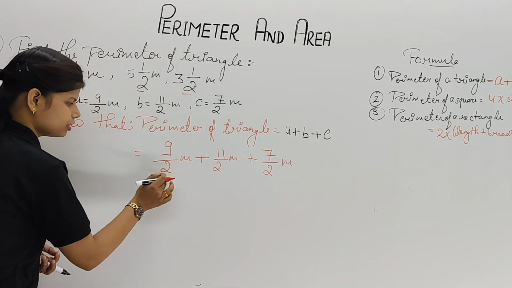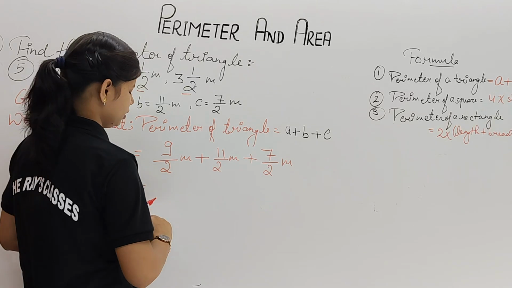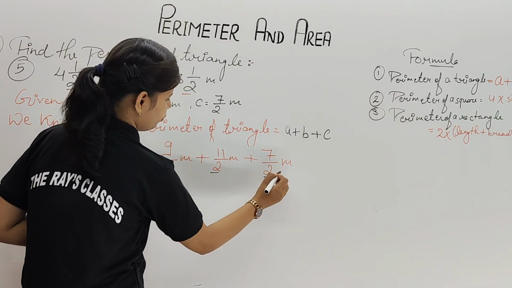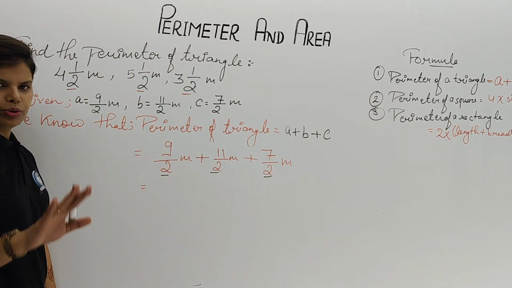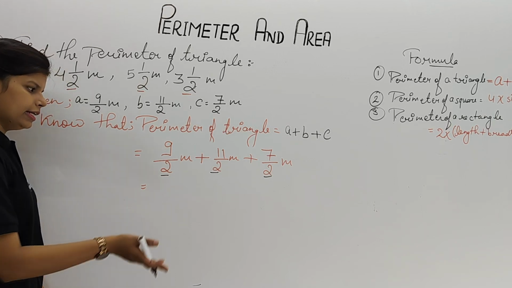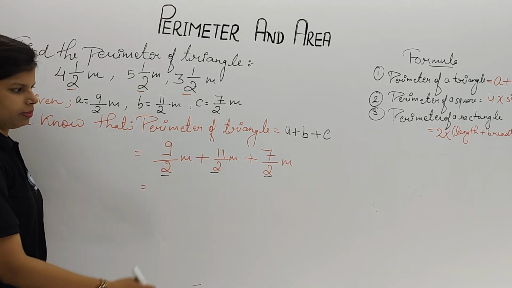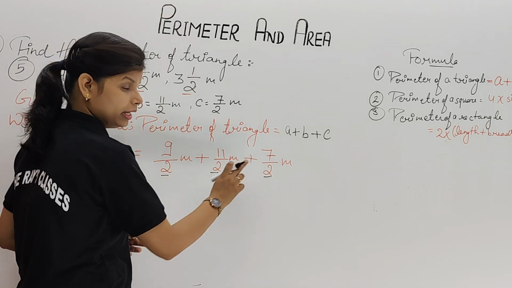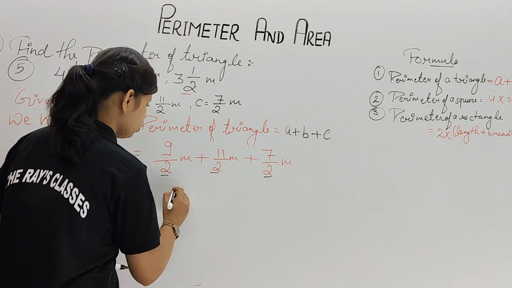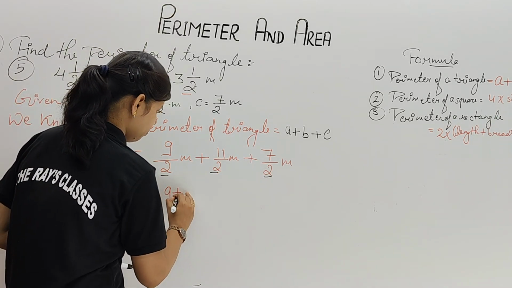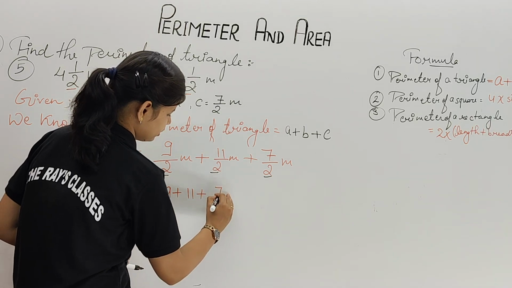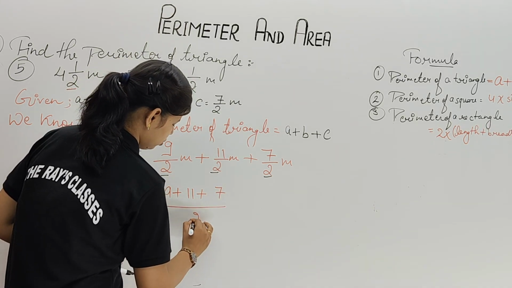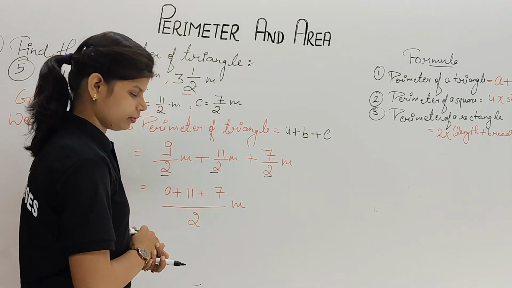If the denominators are same in a fraction, you don't have to keep your head much in that. Simply write as whatever it is given. Here, don't add the denominator part. You have to add only the numerator, like 9 plus 11 plus 7 upon 2 meter.